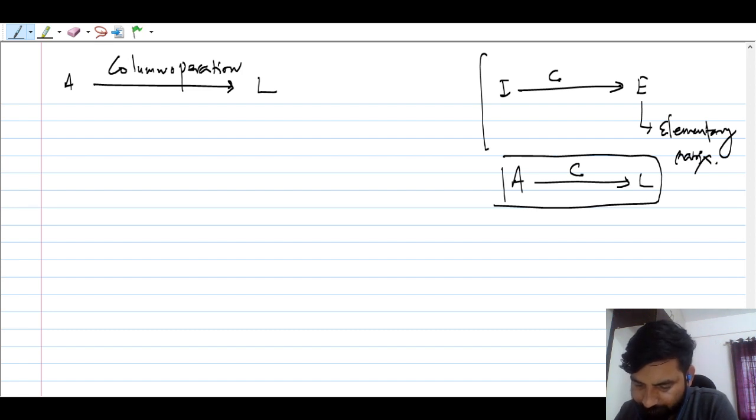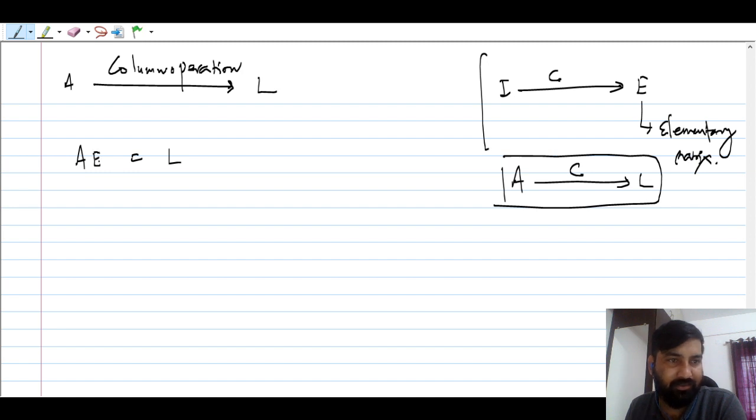Suppose we have the A matrix and we got the L matrix. Then A times E equals L. Then A is going to be L times E inverse.